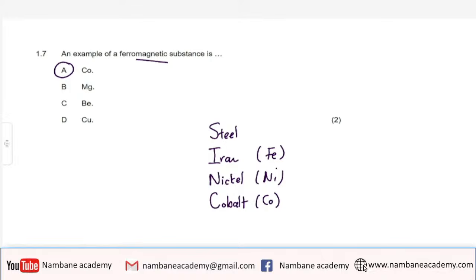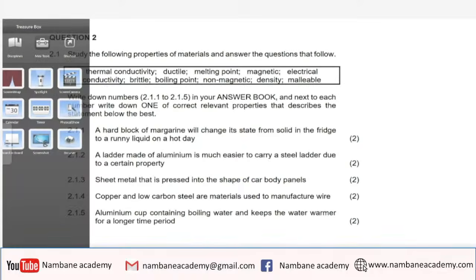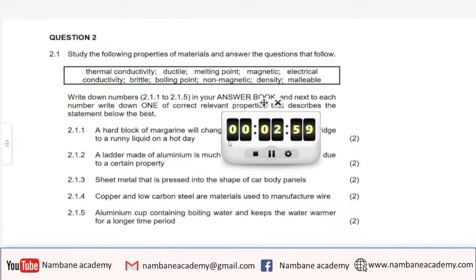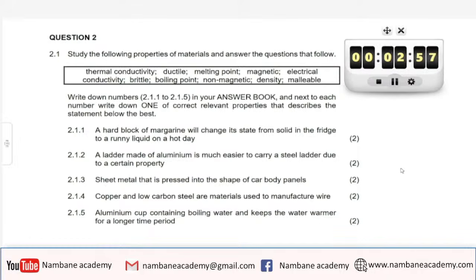Right, then the next question, I'm actually going to put a timer here for you guys to do it. And I'm only going to give 3 minutes for it, right? So your time then starts now, and then I will reveal the answers here.